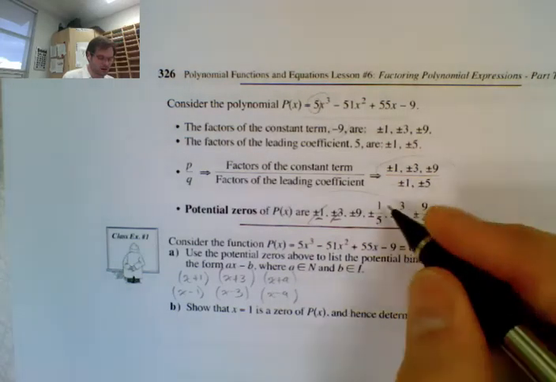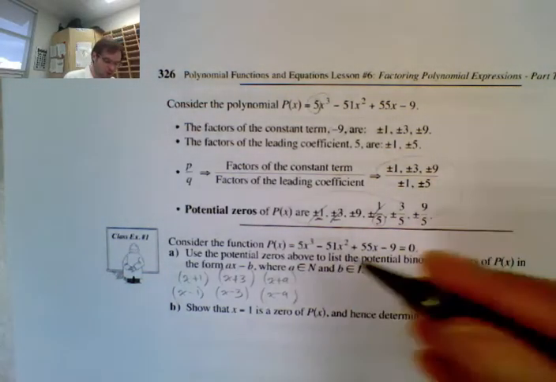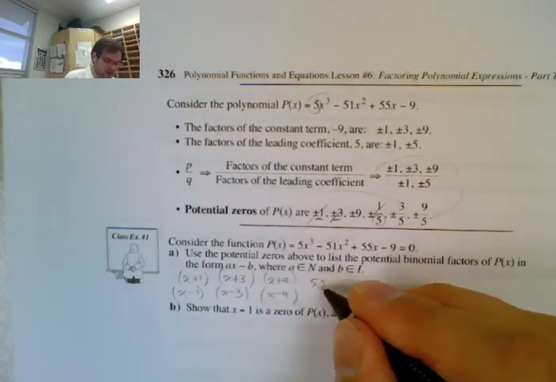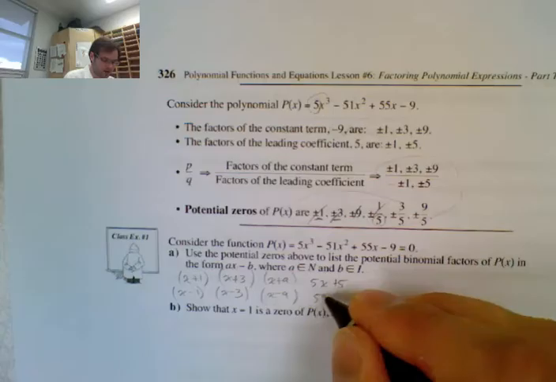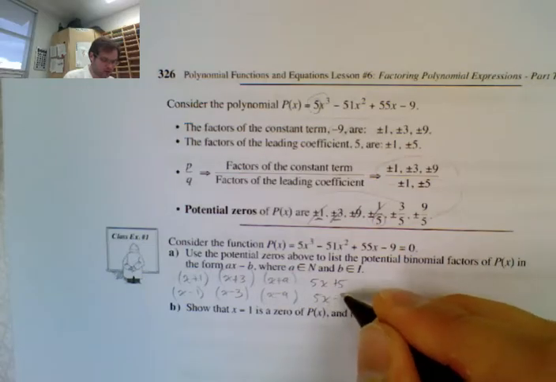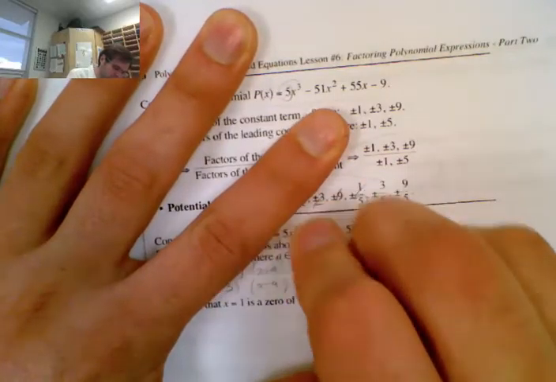I have plus or minus 1 over 5. So remember, this here is my coefficient, so that's going to be 5x plus 1 and 5x subtract 1.